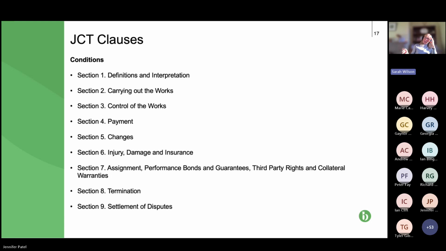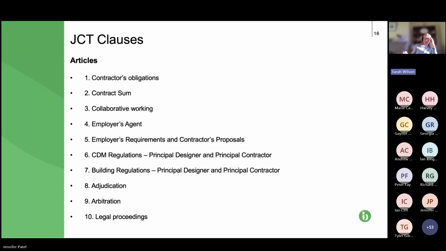And obviously with NEC, we know that for disputes, we've got our W1 and W2. So if we can just go back to that previous slide, Jen, please. So these are the articles of the contract. So it's just setting out the key requirements. So, you know, for example, Article 2 is the contract sum, fairly important.